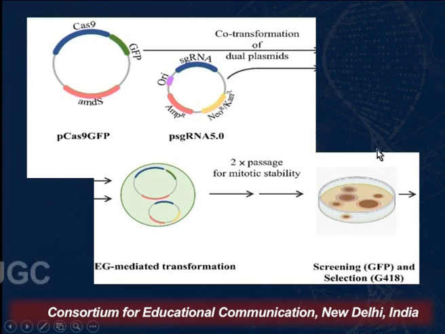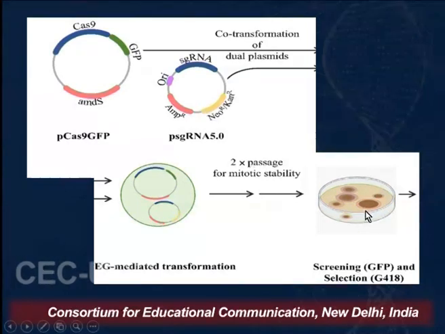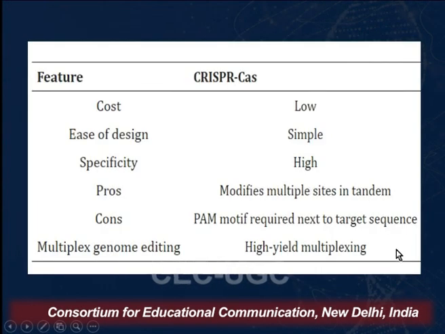So, it is going to go there and it is going to shut off or activate genes, or cause deletions or inversions or whatever the genome editing outcomes are. So, this is basically how the heterologous expression occurs.